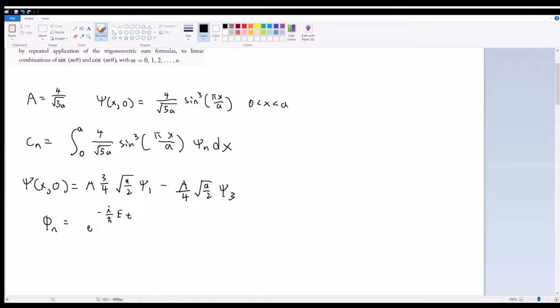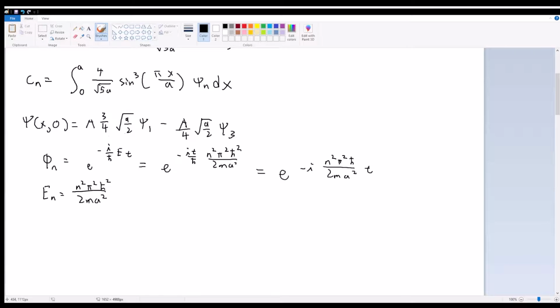And recognizing the fact that for an infinite square well, En is equal to n squared pi squared h bar squared over 2ma squared, this is going to equal e to the negative i t over h bar times n squared pi squared h bar squared over 2ma squared. Cancel out one of the h bars. This is going to give me e to the negative i n squared pi squared h bar over 2ma squared times t.